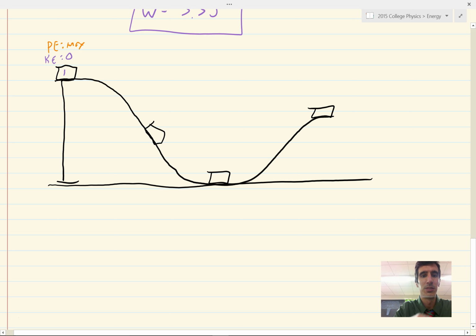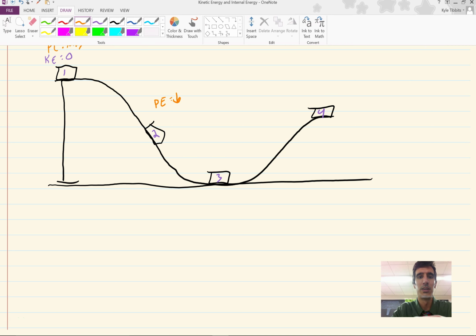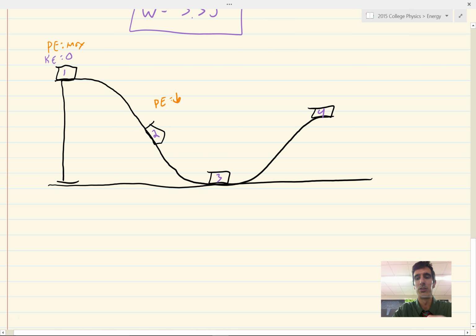Now what happens at scenario 2, when it's moving down the roller coaster, what's going to happen to the potential and kinetic energy? Well, the potential energy is getting closer and closer to the ground, the car is, so the potential energy goes down, and the car is being accelerated downward, so the kinetic energy goes up.